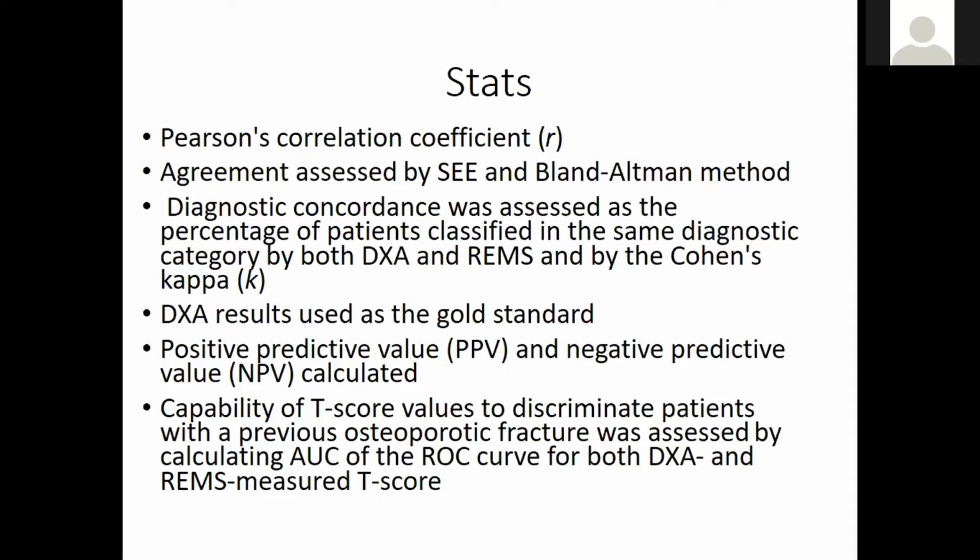I'll also show you the positive and negative predictive values of REMS for the different age groups. And then finally, we did look at the capability of T-score values to discriminate patients with a previous osteoporotic fracture by looking at area under curves of the ROC curves for DEXA and REMS measured T-scores. So I'm going to show you some graphs that really summarise all those results in just a second.